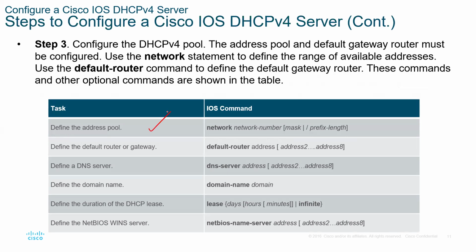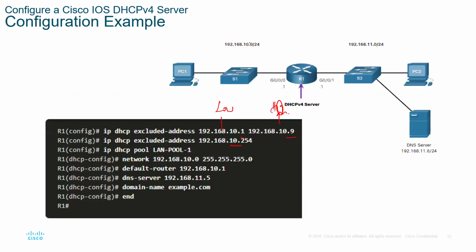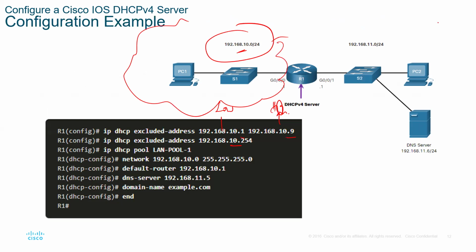What is the address which we are going to be getting our addresses from? So in this example, you can see from this network, all addresses in this line are going to be coming from this network. So that is the network you configure on the network command, telling the server which network is going to be used as the pool.